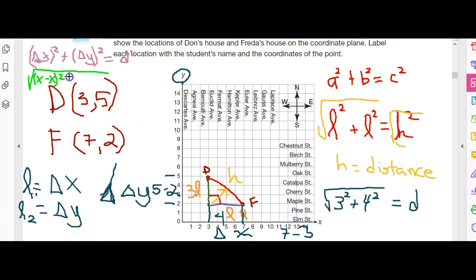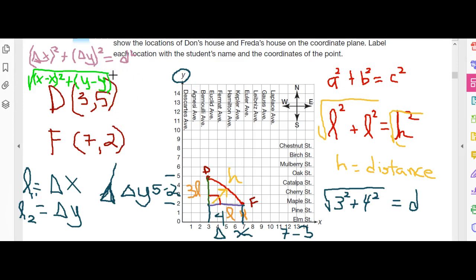And square it, and then add to it delta y, where delta y is, take one y and subtract the other, so y minus y. And again, in the books, a lot of times they make a big deal about which one is x1, x2, y1, y2.